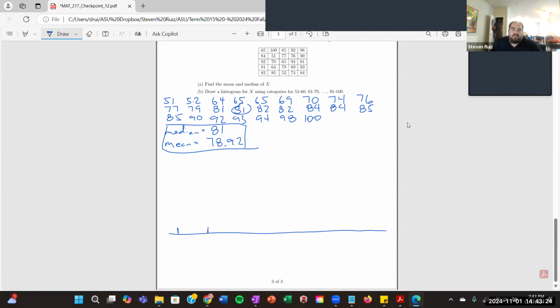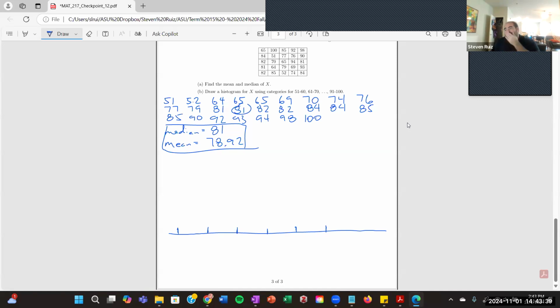So that's 51 to 60, 70, 80, 90, 100. Okay. And I'm going to make them all the same width because they're all by tens essentially.